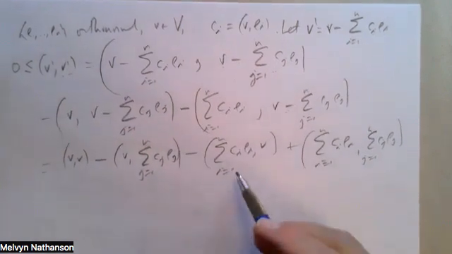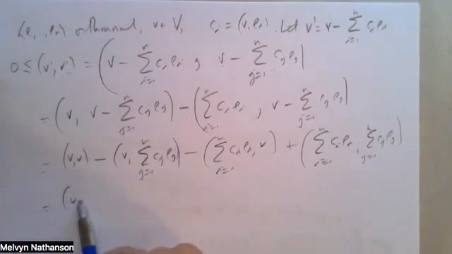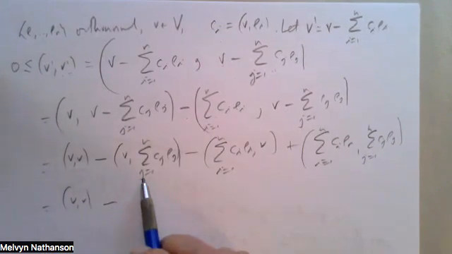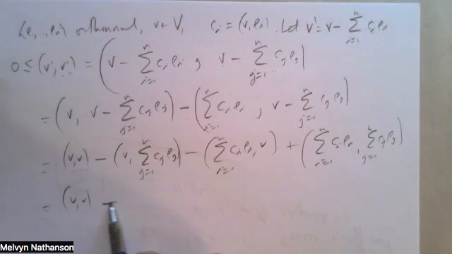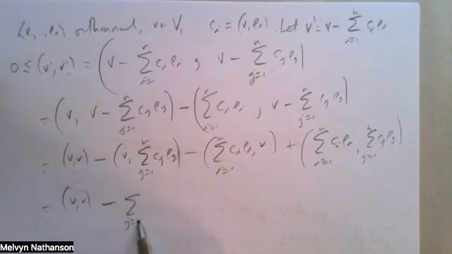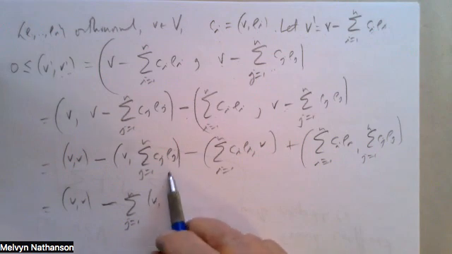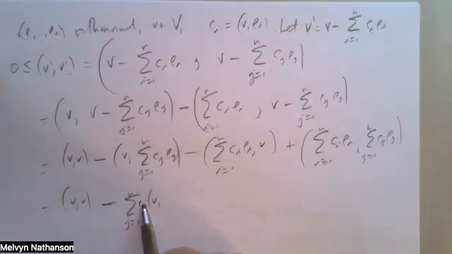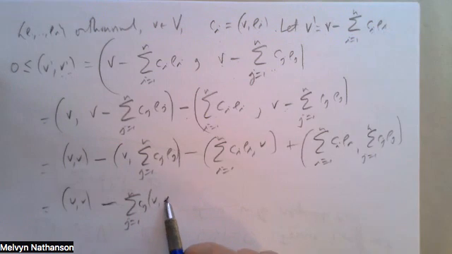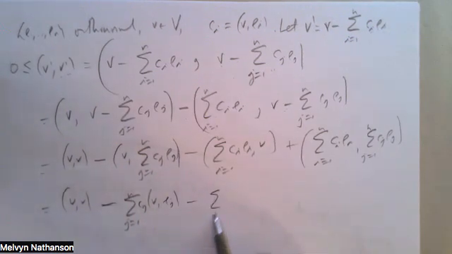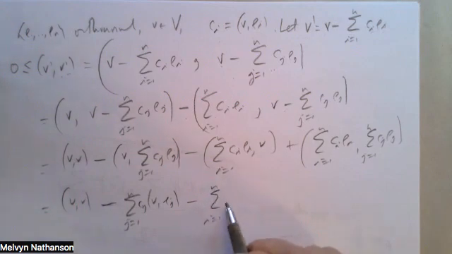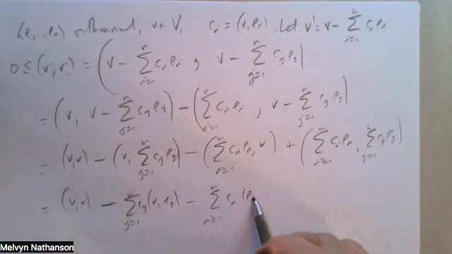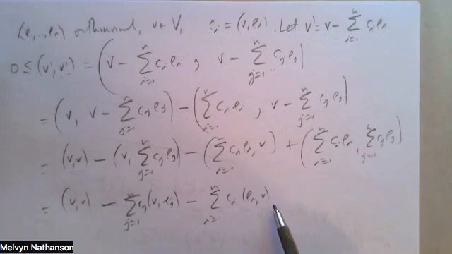I can continue to expand this. This is the inner product of v with v, minus, by bilinearity, the summation j goes from 1 to n of the inner product v comma cj Ej. I can take the cj outside. I'm just going to be considering real vector spaces. Minus the summation i goes from 1 to n of ci times the inner product of Ei, v.